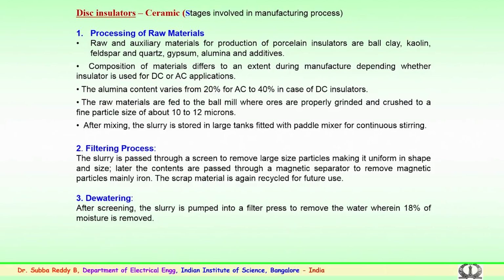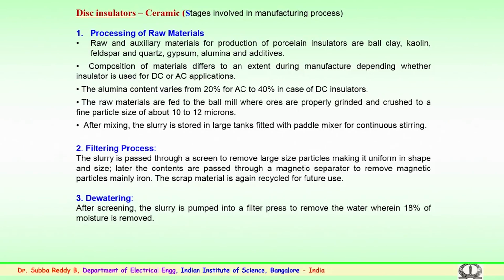So, what are the raw materials? Raw and auxiliary materials used for the manufacturing of these porcelain or ceramic insulators are basically clay. Clay is mud. This clay, which is normally available in the country and abroad, is used for porcelain manufacturing.